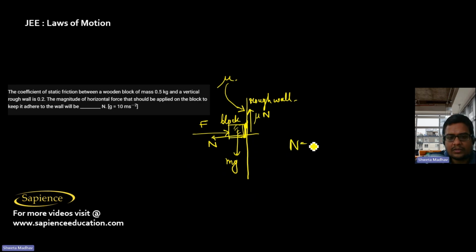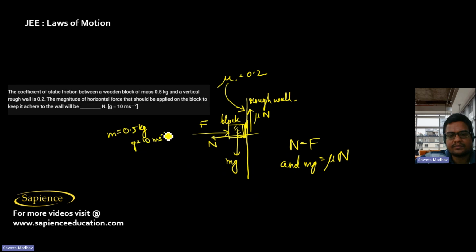So therefore N will be equal to F, and we can say mg will be equal to mu N. And here mu has been given as 0.2, the mass is given as 0.5 kg, and g is equal to 10 meter per second square. Therefore mg, that is 0.5 into 10, is equal to mu, that is 0.2, into N, that is F.